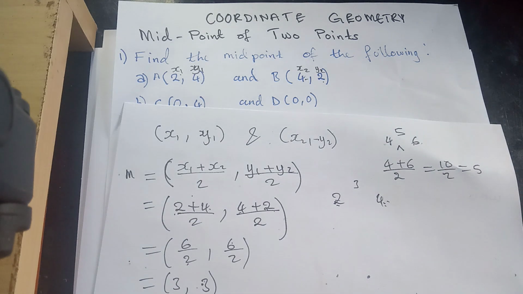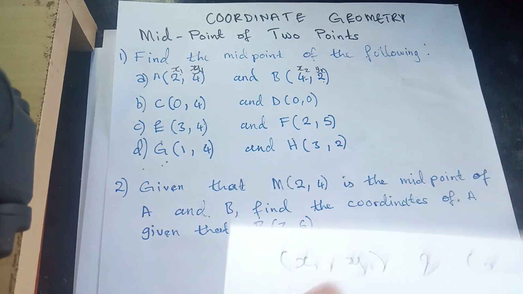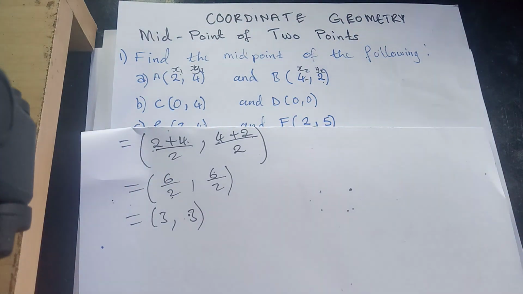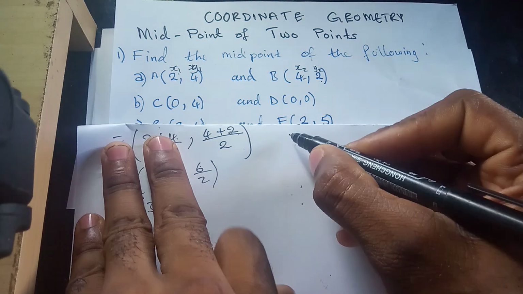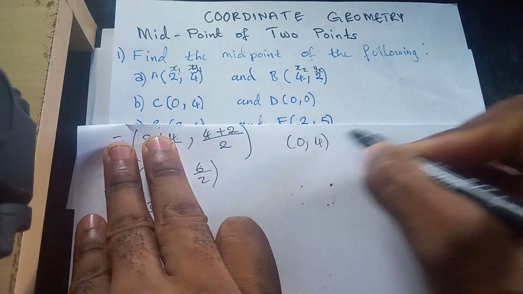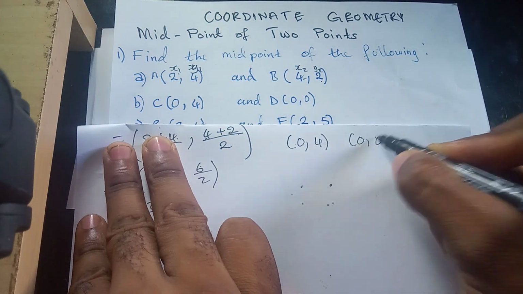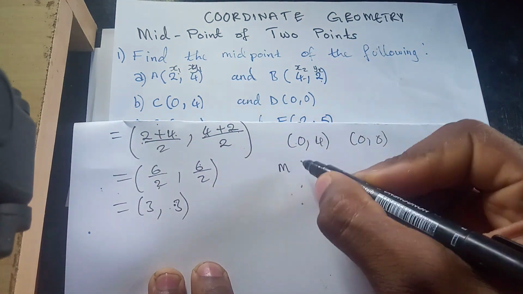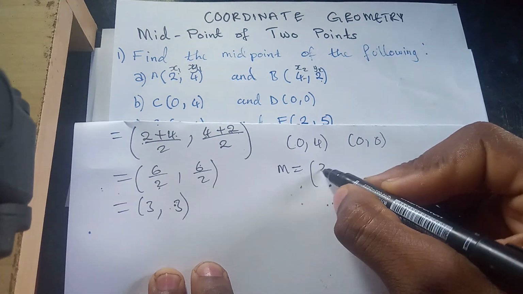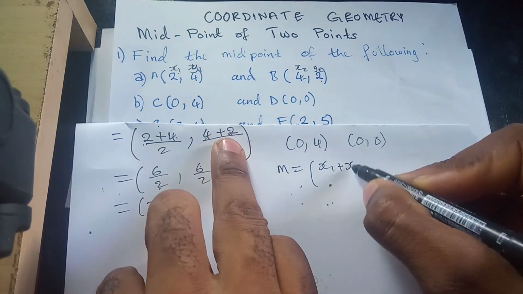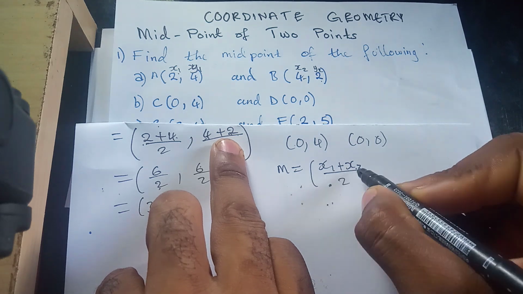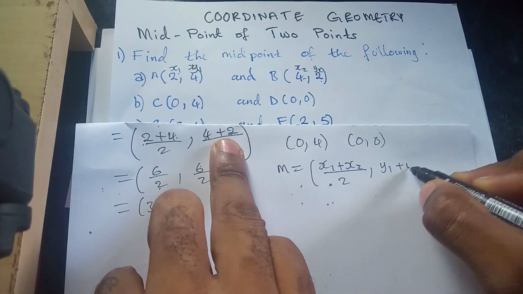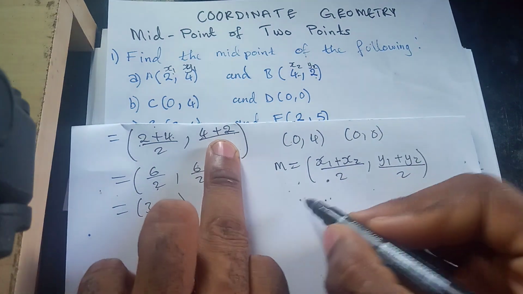And then next, we have another question here. We want to find the midpoint of 0, 4 and 0, 0. To do this, you can say m is equal to x1 plus x2, remember, the average of the x coordinates, comma, the average of the y coordinates, like this.